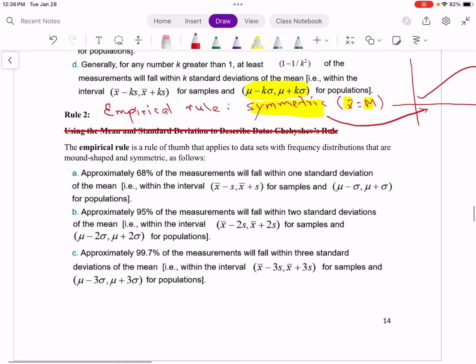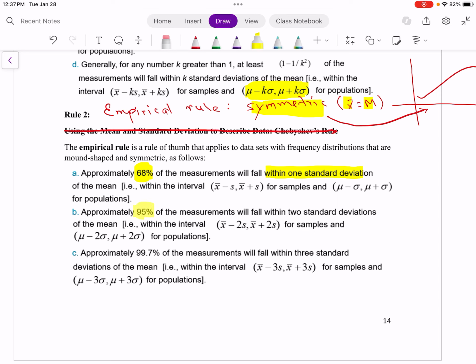So we use the empirical rule, and according to the empirical rule, approximately 68% of measurements will be within 1 standard deviation of the mean. If we have a symmetric data set, with mean and median equal to each other, almost 68% of the measurements are within 1 standard deviation.